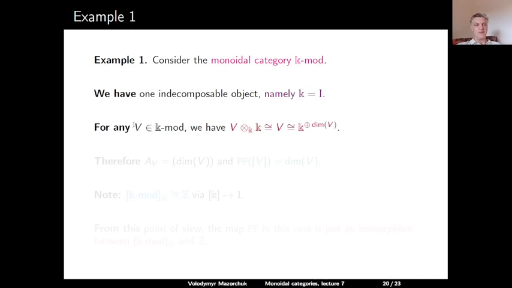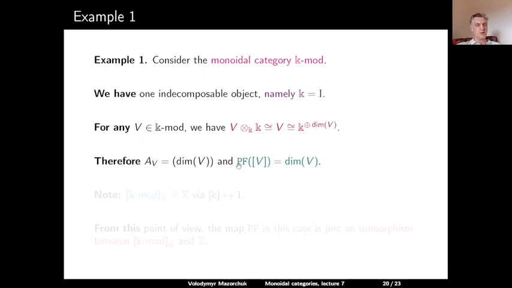For any finite-dimensional vector space V in K mod, tensoring V with K is isomorphic to V, and this in turn is isomorphic to the direct sum of copies of K, where the number of summands is given by the dimension of V. Therefore, the matrix AV in this basis given by one object K is just the 1 times 1 matrix where the entry is the dimension of V.